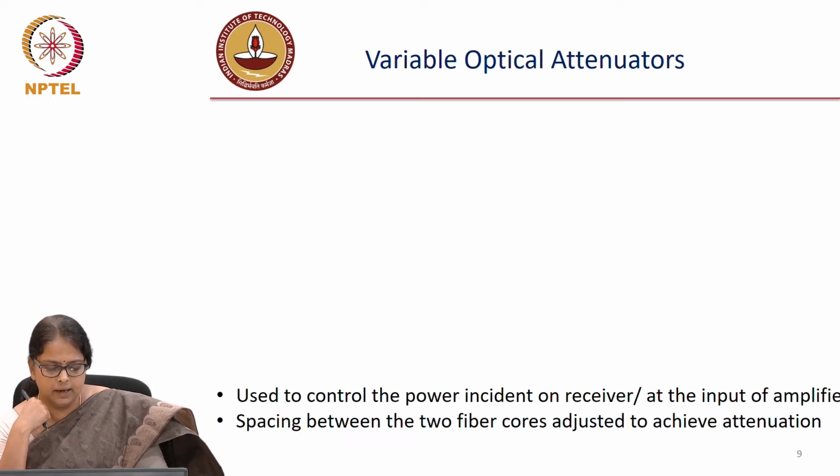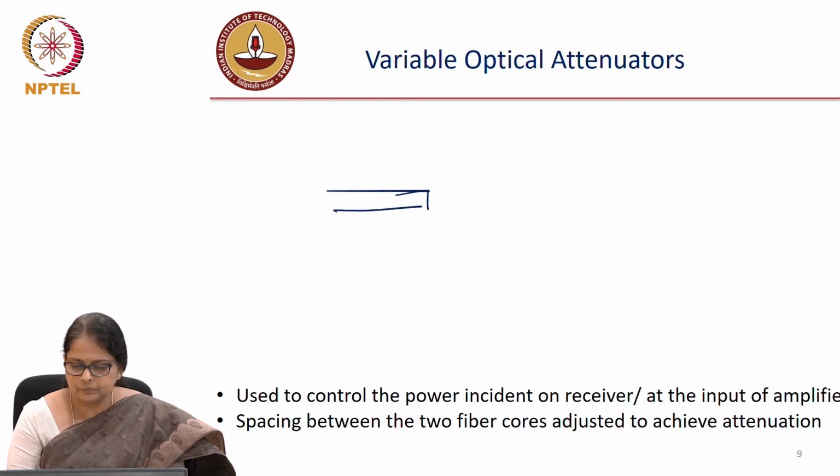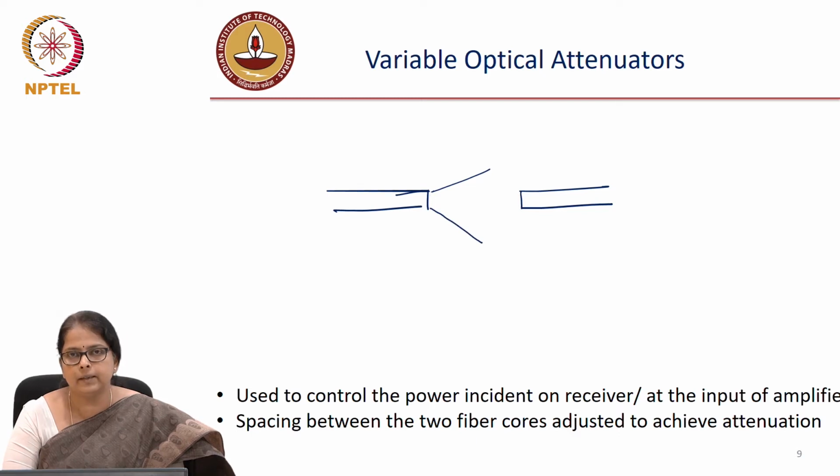So the way this attenuator would work is you basically take two fibers, in fact two connectors, and let's say you have the light coming out of the fiber like this. Now, depending on where you place the next fiber, you will collect only a certain fraction of light.